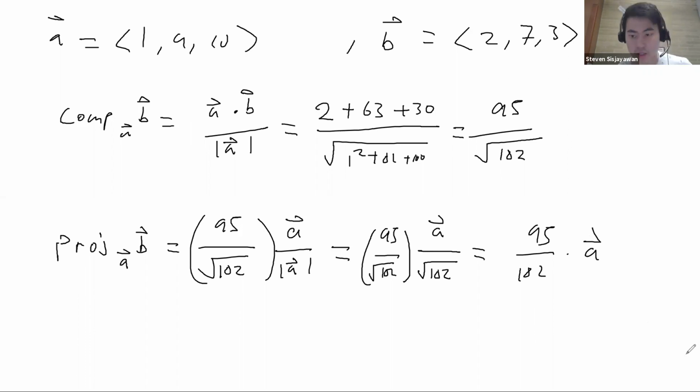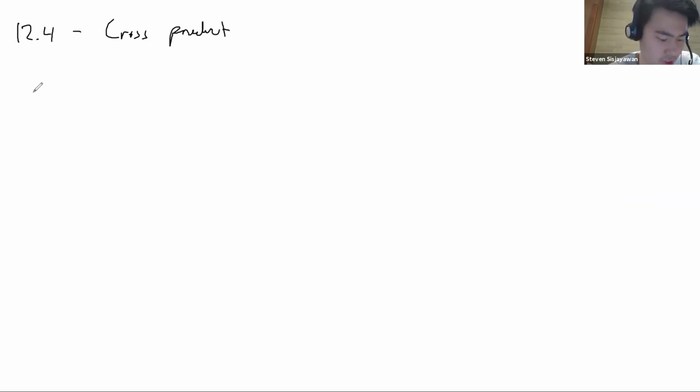Now the last topic we can cover today is 12.4, this idea of the cross product. Let me start off with the definition again. Let's use two different vectors this time.